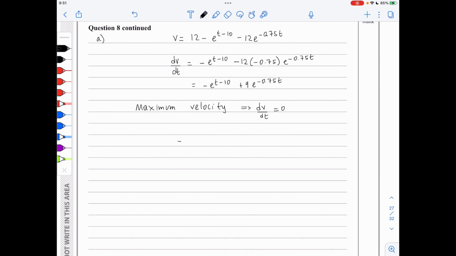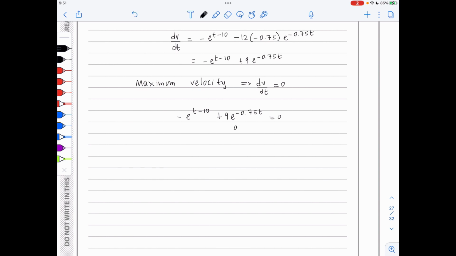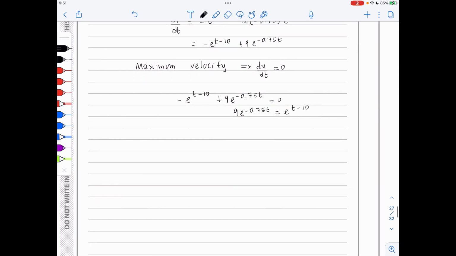So we need to solve −e^(t−10) + 9e^(−0.75t) = 0. This leads to 9e^(−0.75t) = e^(t−10), and therefore we can say that 9 is e^(t−10) over e^(−0.75t).